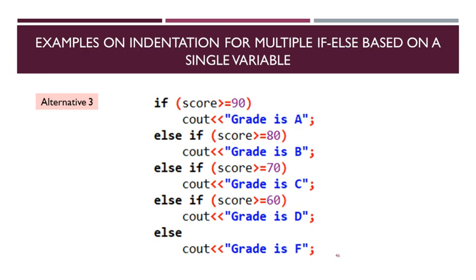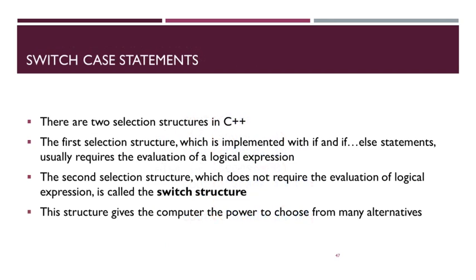Let me move on to the last part of this video, which is the switch structure. There are 2 selection structures in C++, either using if and if-else statements or using the switch structure.